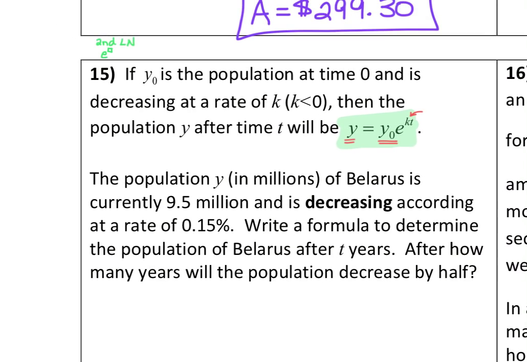Just as a side note, for those of you who are on top of all of this, do you notice that the growth and decay formula that I just highlighted green is exactly the same as the continuously compounded interest formula, where the initial amount is the P and then e to the rate times time. That's the same as this formula. So there's really just the one formula for these exponential situations.